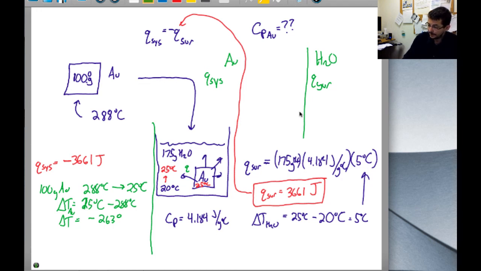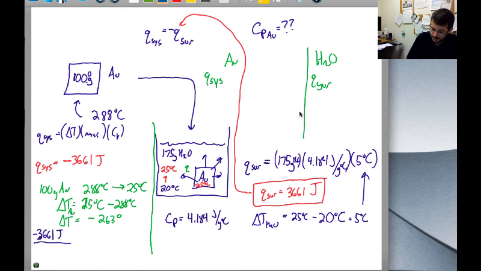Once we have that, the Q for the system is still equal to the change in temperature times the mass of whatever's changing temperature times its heat capacity. So we can rearrange and solve for the heat capacity. Q of the system, in this case, was negative 3,601 joules.